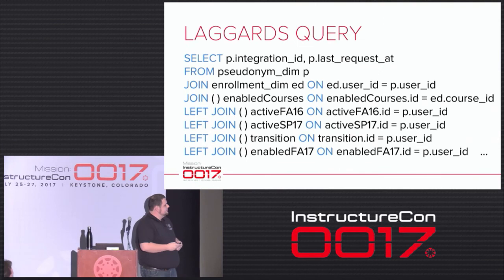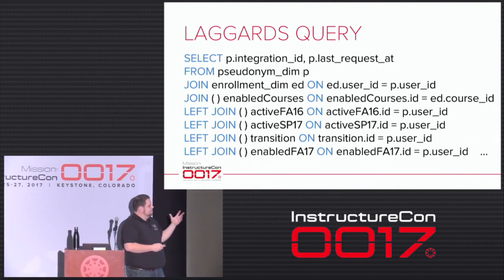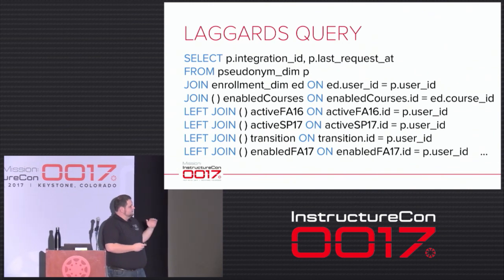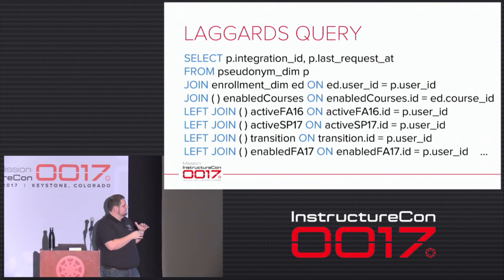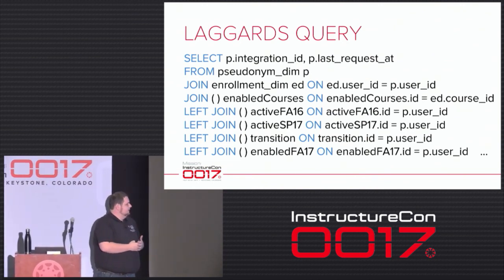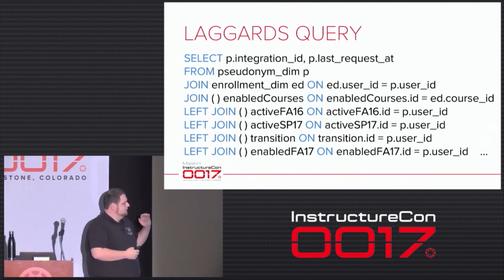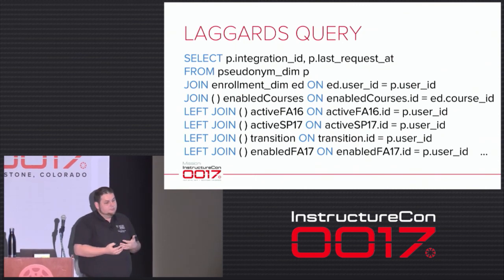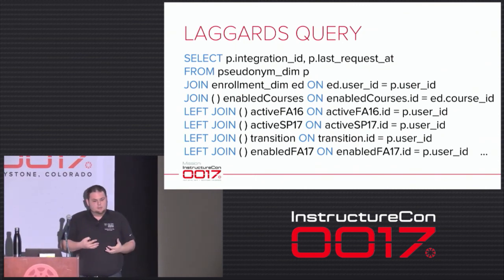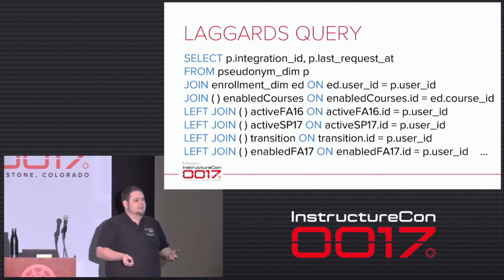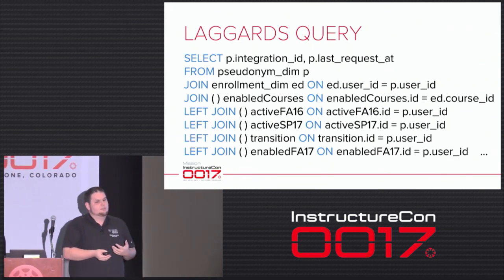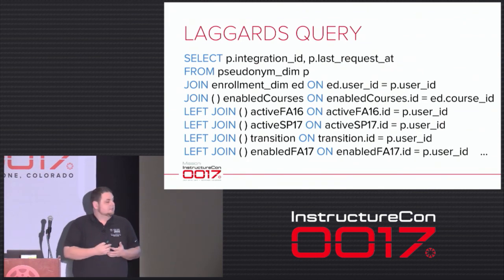How did I find this? I got, again, those IDs for every person from the pseudonym dim table and joined on the enrollments and joined on subqueries. One of them, called enabled courses, just finds all of the courses in the relevant semester where the course is not deleted and the teacher is enrolled as a teacher.